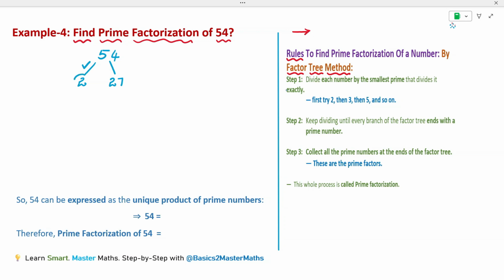Observe, 2 is prime. So, this branch ends here.